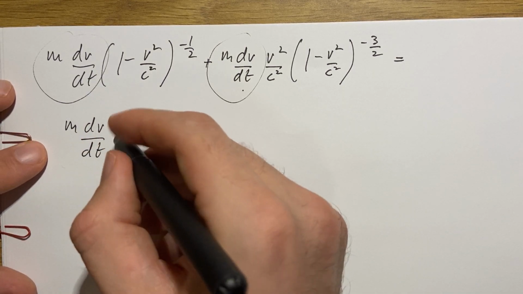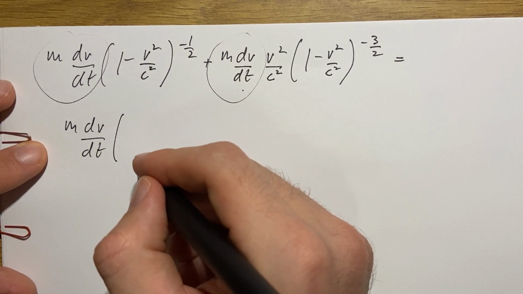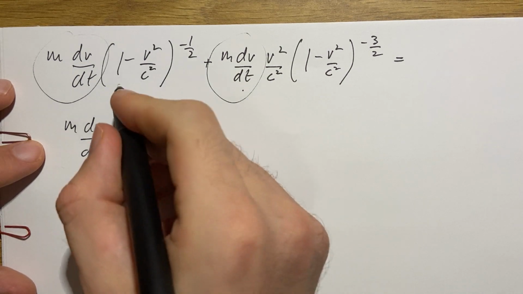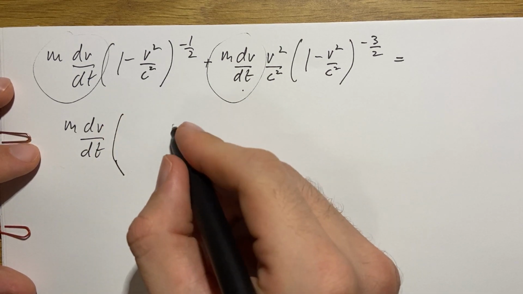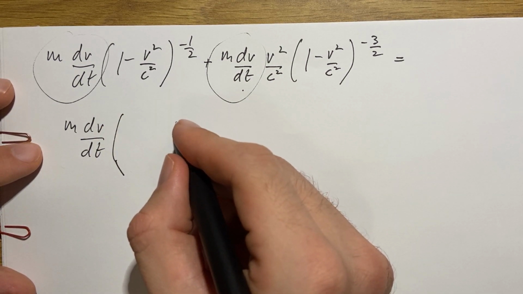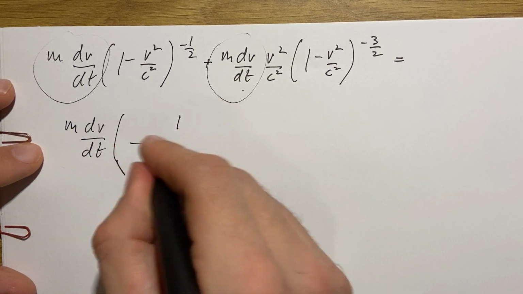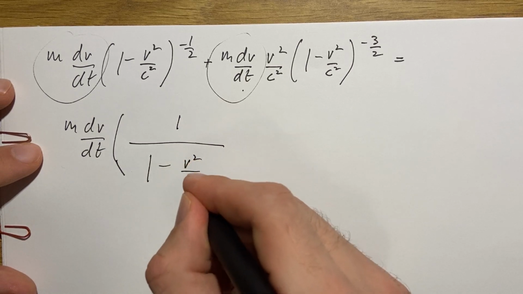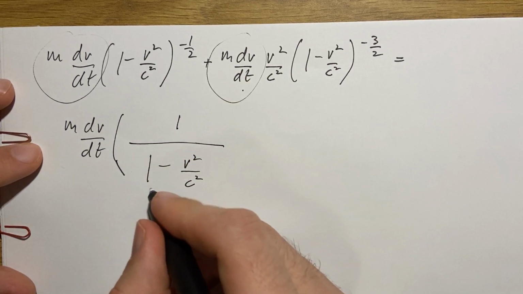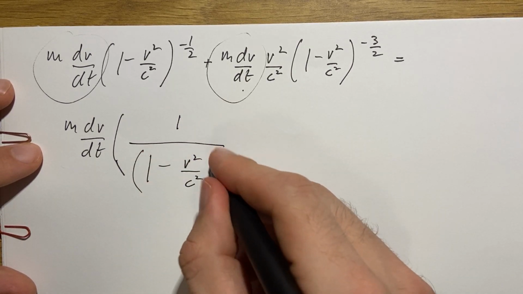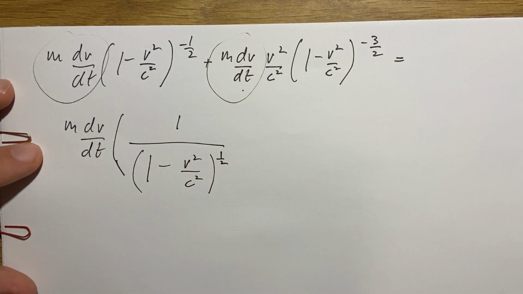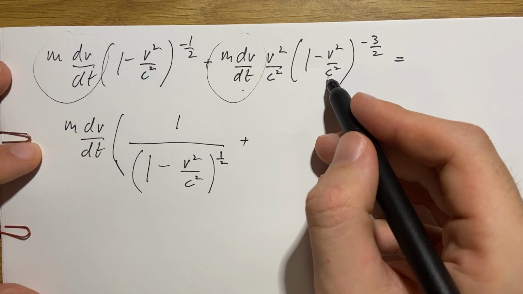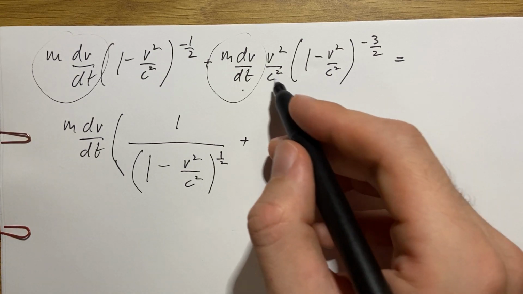And that equals, let's turn this into a fraction as well, so I think it's going to be easier. 1 divided by (1 minus v squared over c squared) to the power of 1/2 plus, let's turn this into a fraction as well.